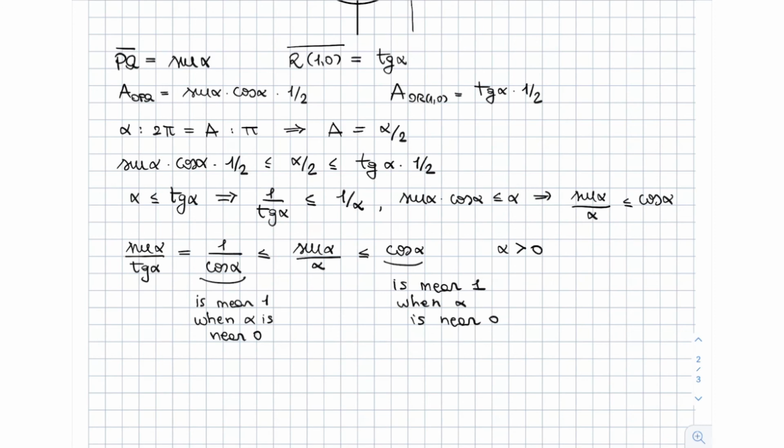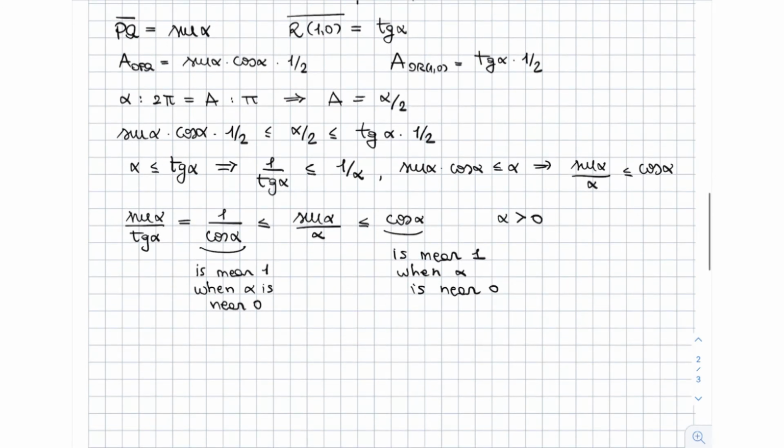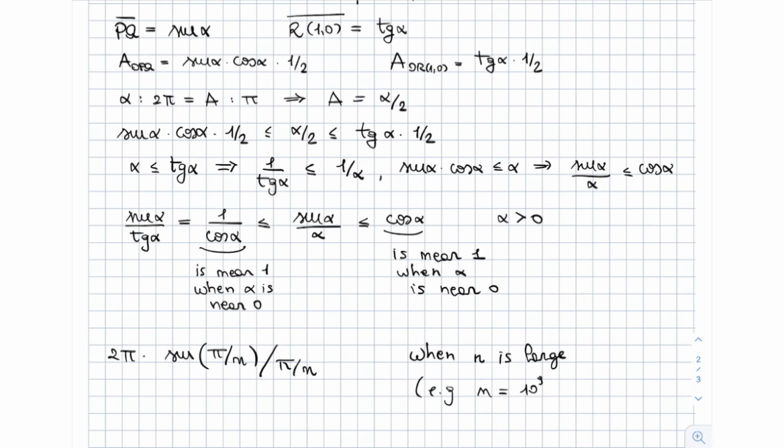In particular, if we write once more the formula we had before, which was 2 pi times the sine of pi divided by n, divided by pi divided by n, then when n is large, which means we are taking n very, very big, like for example n equal 10 to the 9th and so on, we get that sine of pi divided by n, divided by pi divided by n, is very near to 1, which means that this number is very near to 2 pi, which is the correct answer for the length of the circle.